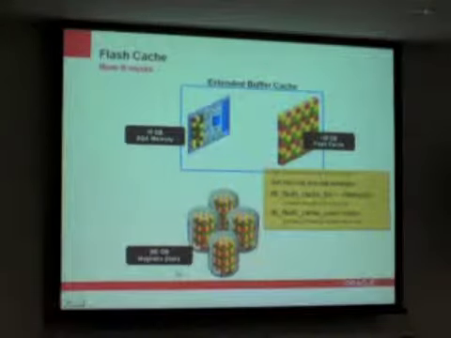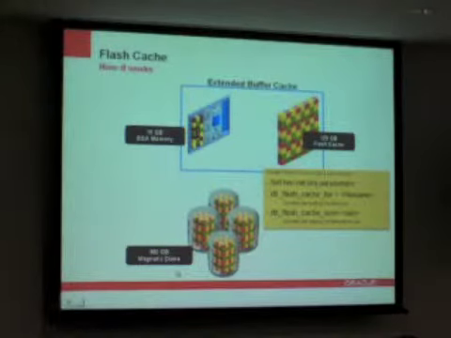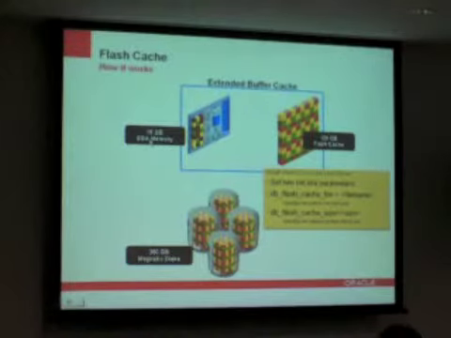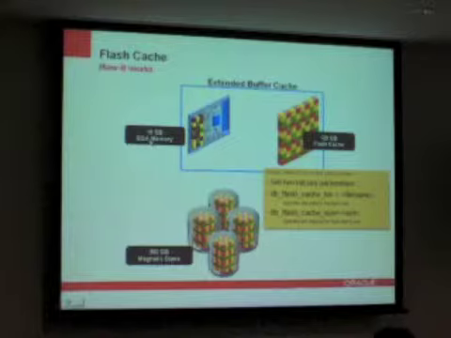On disk, we have hundreds to thousands of gigabytes of storage. So on disk, lots of data. When you look up in the SGA, the SGA is going to be measured in either single-digit or double-digit gigabytes.